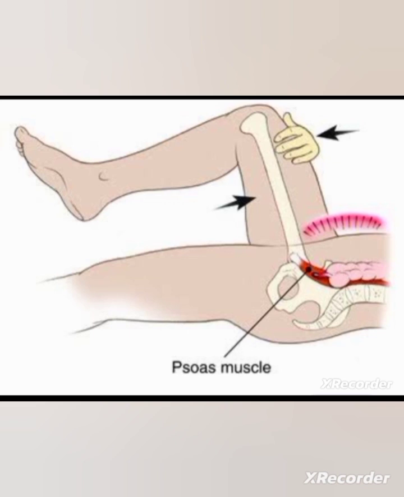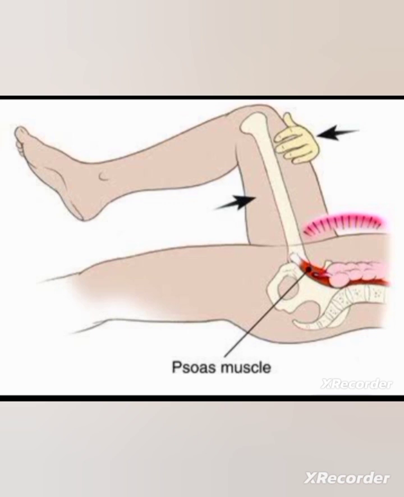So the psoas sign can be done in two methods. First method, the patient lies on the left side. Another method is in the supine position. In the supine position, the examiner's hand is placed above the knee, and the patient is asked to lift the right leg against the resistance of the examiner's hand.